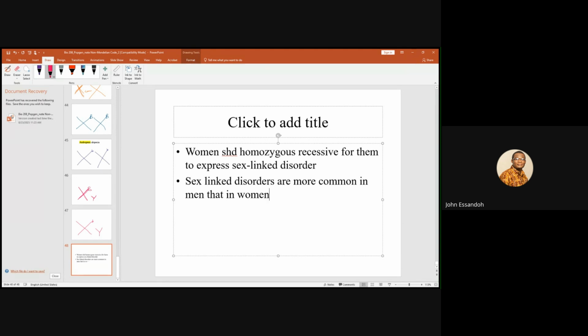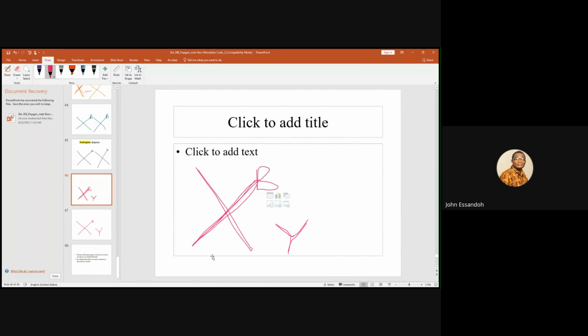Men tend to have more hemophilia. Once you inherit the hemophilia from your mother. Remember, for guys, we are taking this gene from our mother. So all the trouble with this gene will come from your mom.